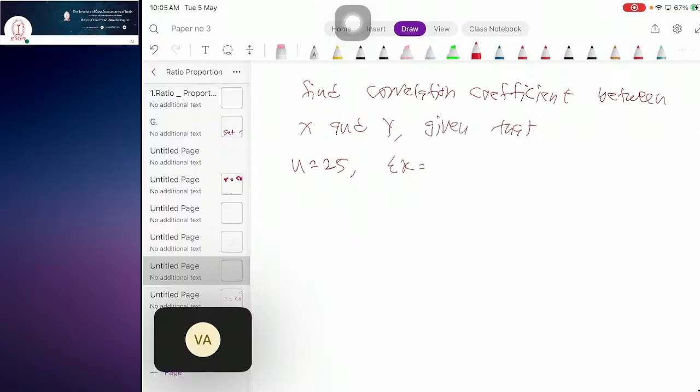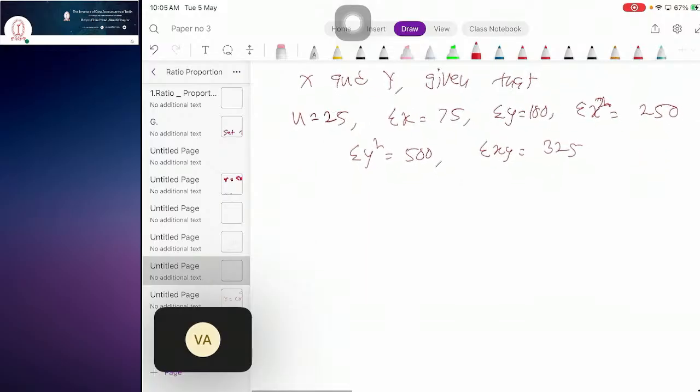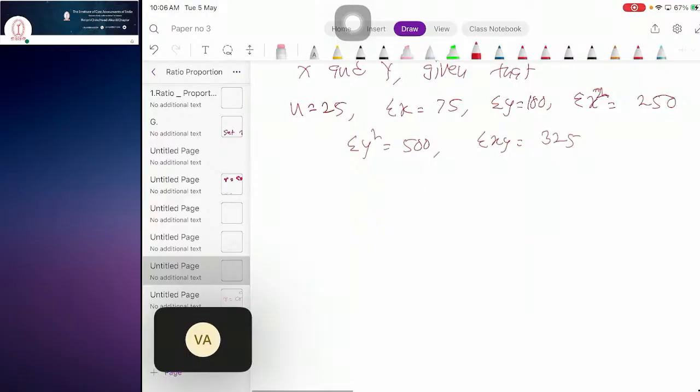Summation of x is 75, summation of y is 100, summation of x square is 250, summation of y square is 500, and summation of x into y is 325. Based on the given values, you have to find out the Karl Pearson's coefficient of correlation.